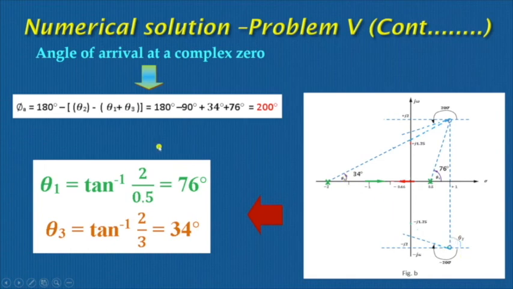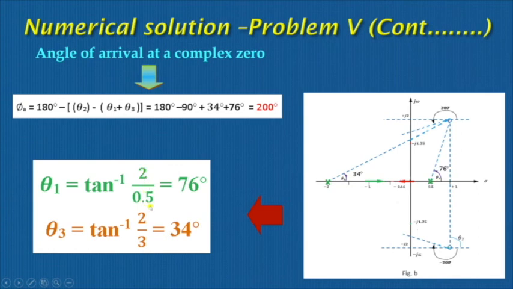So theta 2 is 90 degrees, so minus 90 degrees. For the other angles, calculate theta 1. Theta 1 is tan inverse of y by x. Y is 2, this magnitude is 2, and x is this magnitude plus 1, that is 0.5.